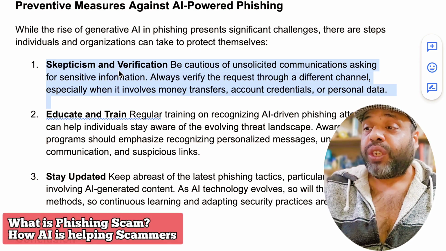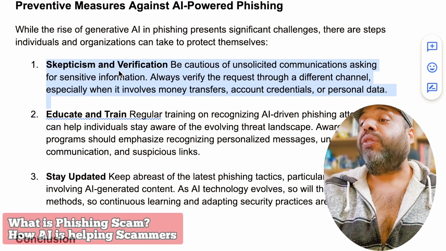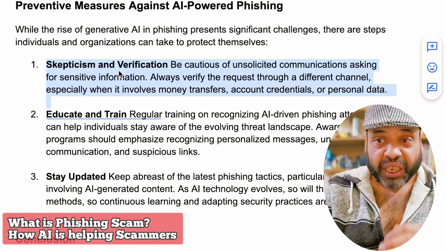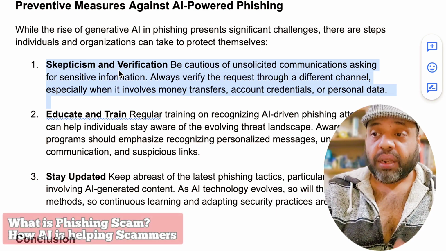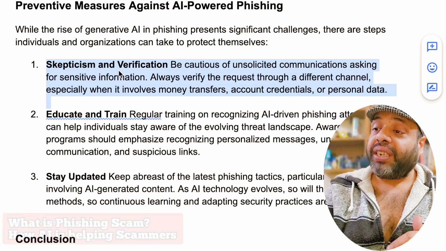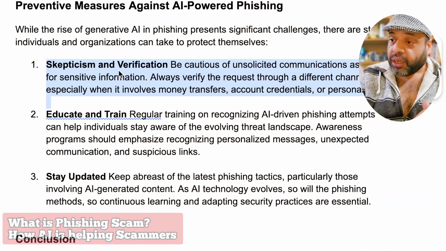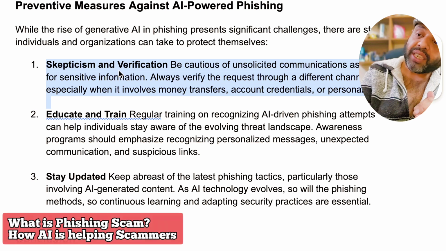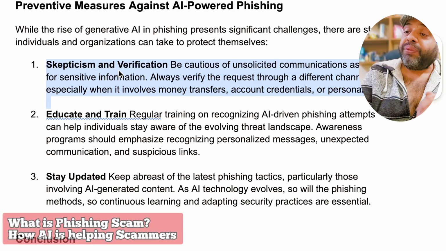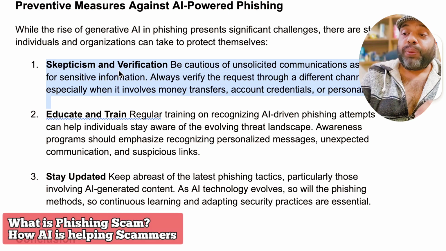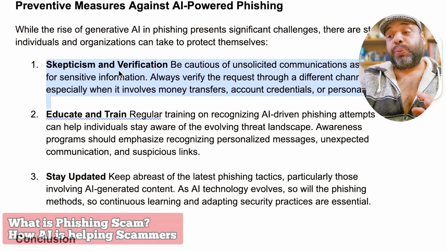Always verify the request through different channels, especially when it involves money transfers, account credentials, or personal data. Educate and train. Regular training on recognizing AI-driven phishing attempts can help individuals stay aware of the evolving threat landscape. Awareness programs should emphasize recognizing personalized messages, unexpected communication, and suspicious links, right?